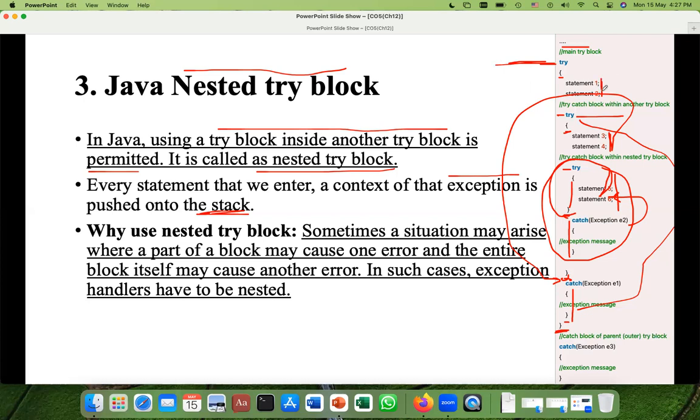If some exception occurs in statement 1 or 2, I will come out of this try block, and this is the catch block which is linked with this first try block. And that will be matched, and whatever is written here will be executed.